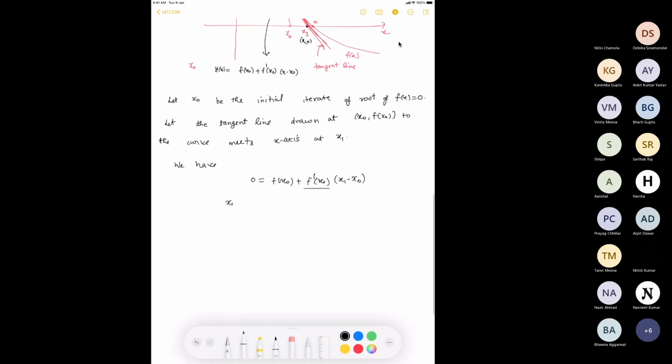So what do we get from here? This gives us that x1 is x naught minus f(x naught) divided by f prime of x naught.